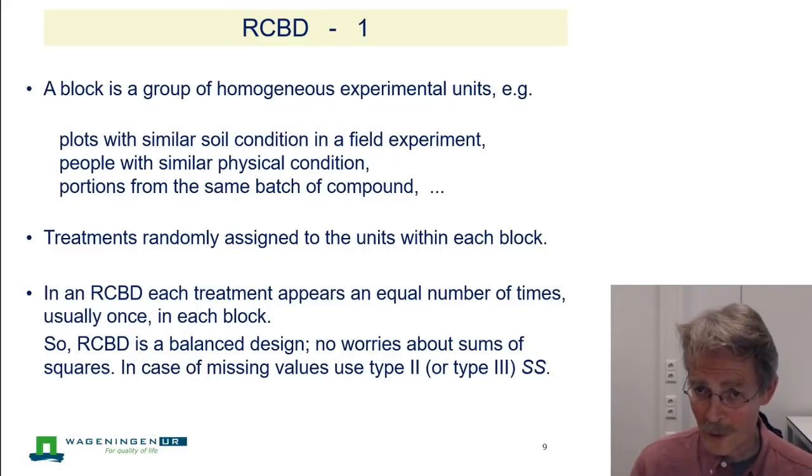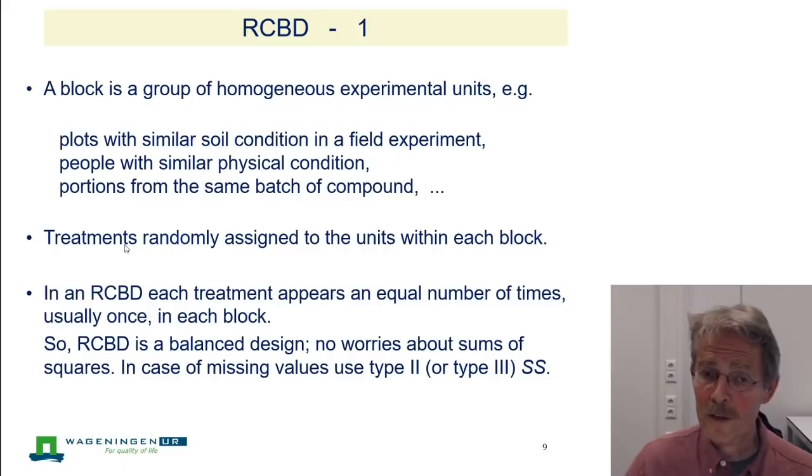Or when you work with batches of compound, and there is variation from batch to batch, you make sure that all the treatments are compared with the same batch. So if you compare 3 treatments, you have 3 portions of batch 1 with the 3 treatments, 3 portions of batch 2 with the 3 treatments, etc. You will see some more examples of blocking in this lecture.